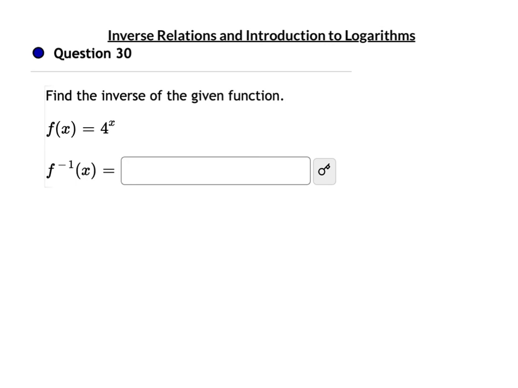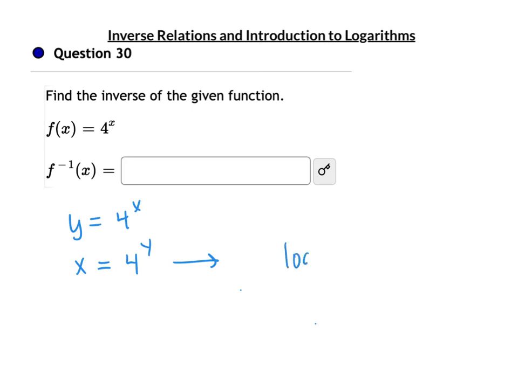And here is where we're talking about how the logarithm is the inverse of an exponential function. This is the equation y equals 4 to the x. To find the inverse, we flip the role of the variables. It becomes x equals 4 to the y. To make this an expression that we can actually work with, we write it as a logarithm.